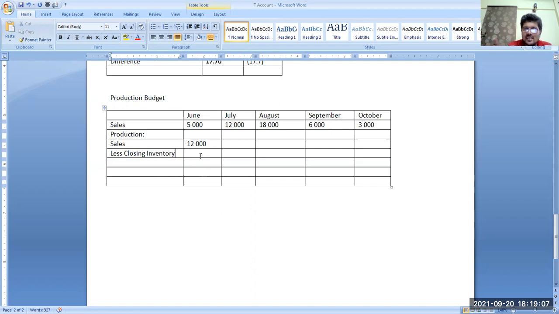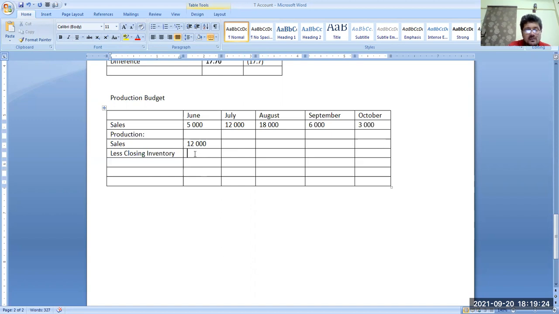So 5,000 was June's sales, but we are preparing for July, so we will calculate closing inventory at 20%. 5,000 multiplied by 20%, 1,000.